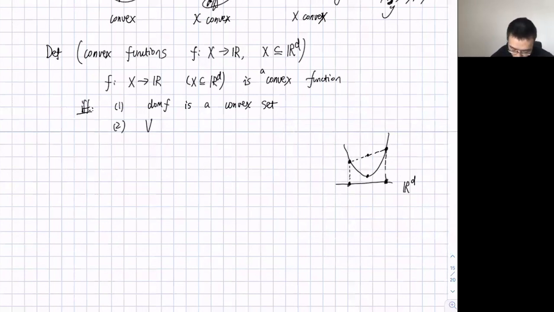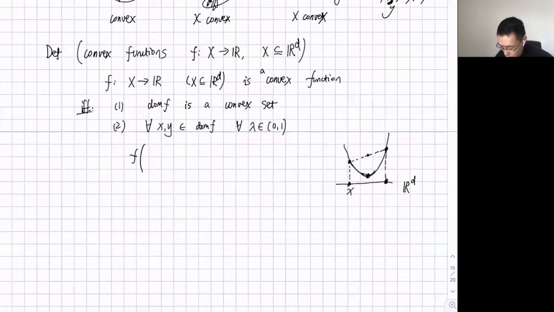For any x and y in the domain of f, which is X, for any lambda still in 0 and 1, in the middle, then the function of the average input.